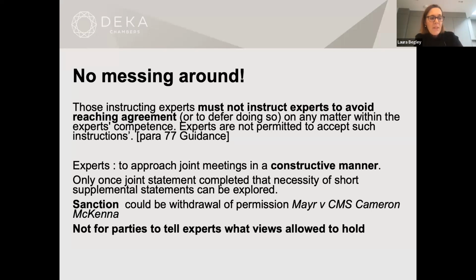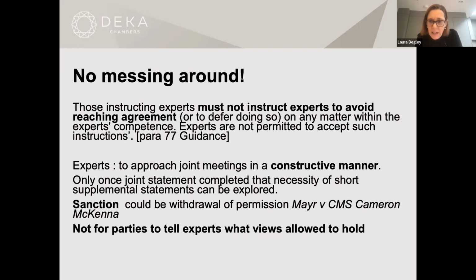What happened in Mayor and CMS Cameron McKenna was a very complex case about professional misconduct, £65 million in damages in issue, and there were two particularly complex issues in that case.